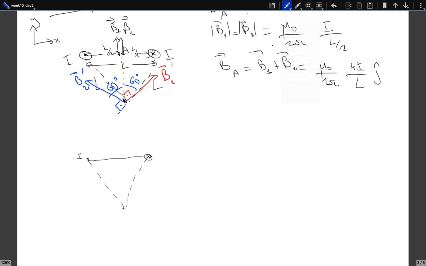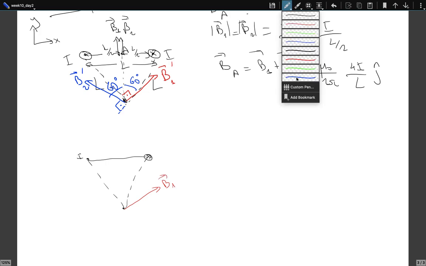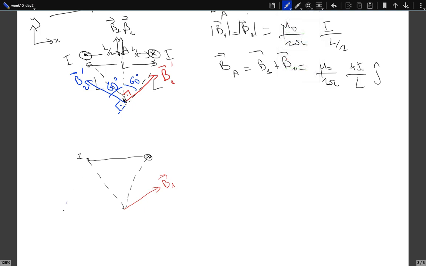B1 is this one. B2 is this one. This is a right angle. And this is a right angle.